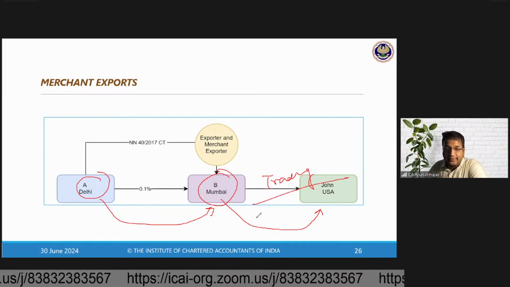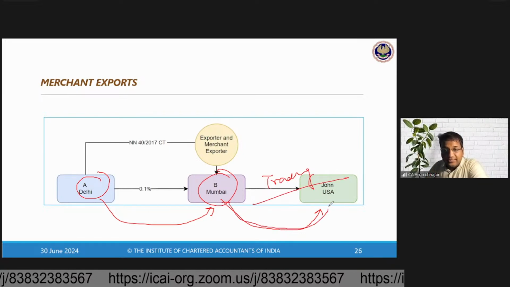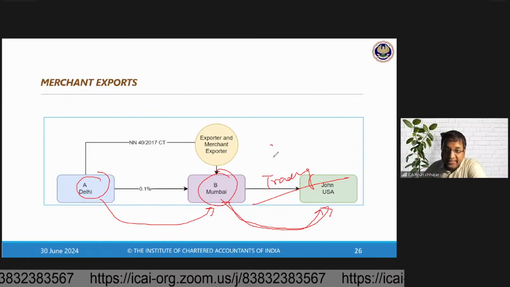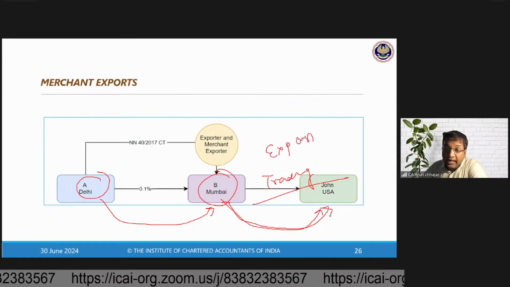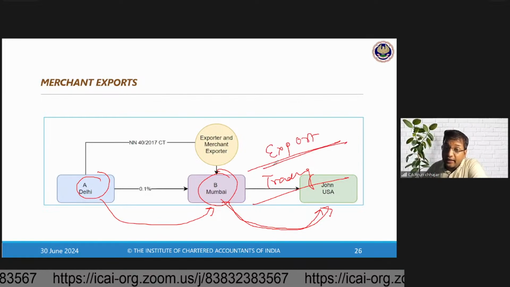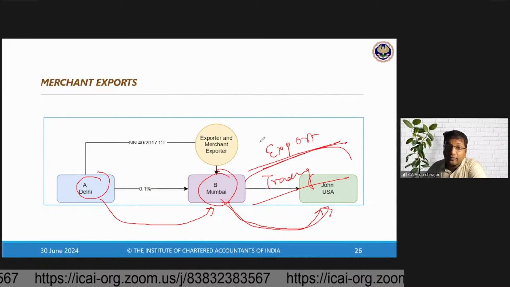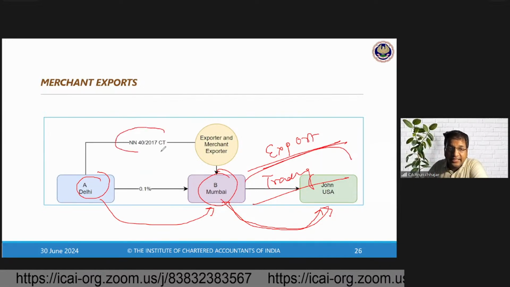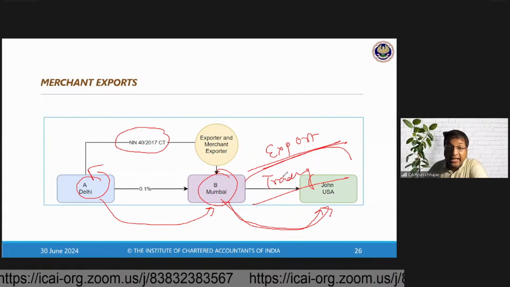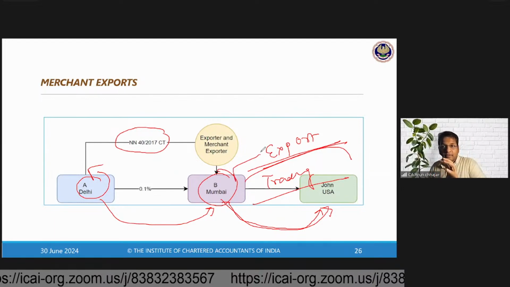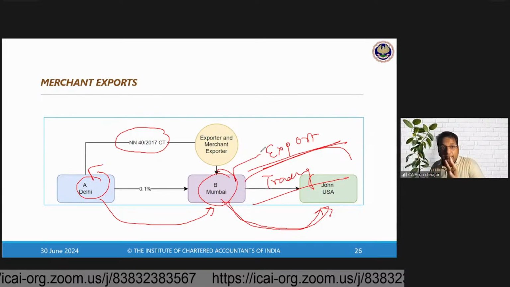Then in that case, B's supply to the USA is export, and this supply is export, and if certain conditions are satisfied by A and B jointly, point to be noted, what is the merchant export?